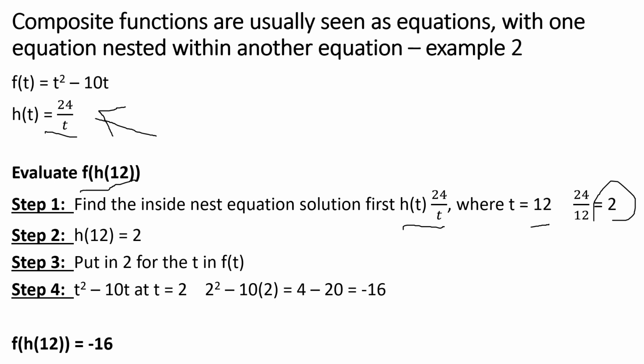That 2 is now going to be the t in the outer function, which is t squared minus 10t. So every time I see a t, I replace it with a 2. t squared minus 10t, where t equals 2, which was our result in our nested function. 2 squared equals 4, minus 10 times 2 is minus 20. 4 minus 20 is negative 16.